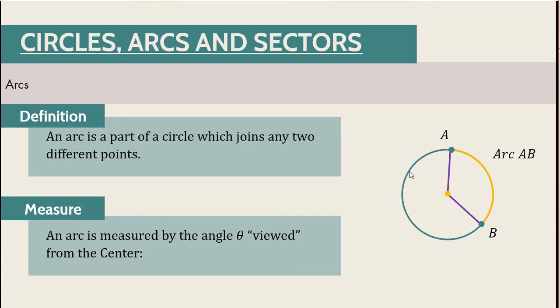AOB is the angle theta, and the angle is used to measure the arc AB. So if somebody says that the arc AB has a measure of 50 degrees, you know that it is a part of the circle, and the angle viewed from the center to the arc is 50 degrees.